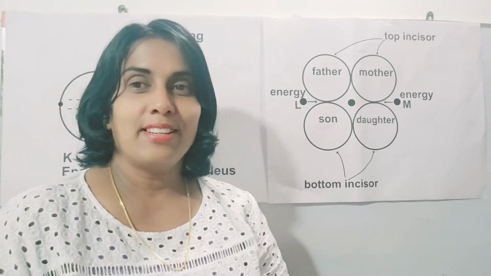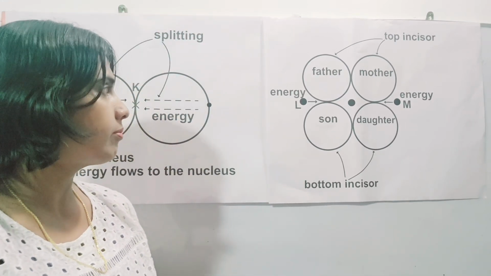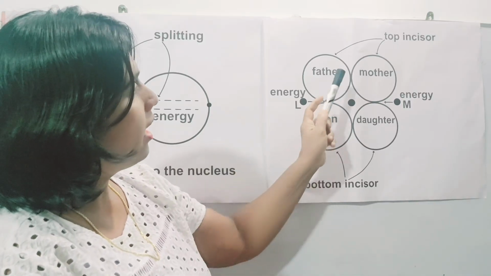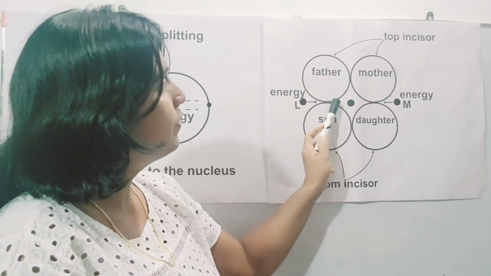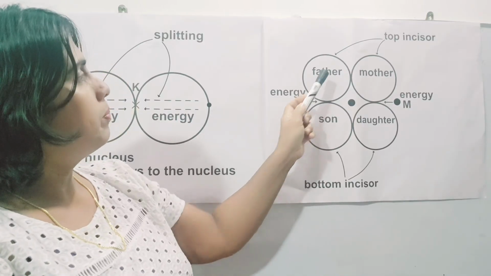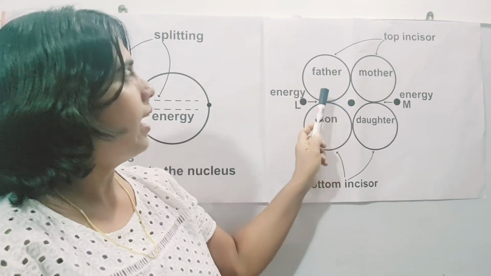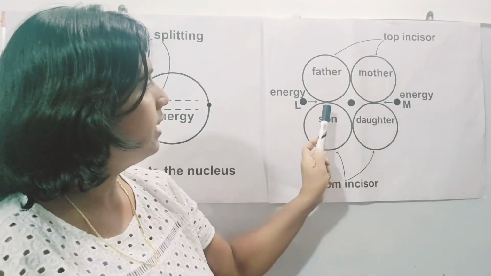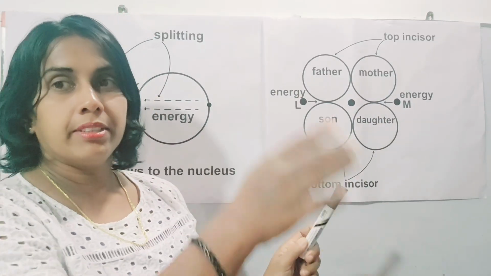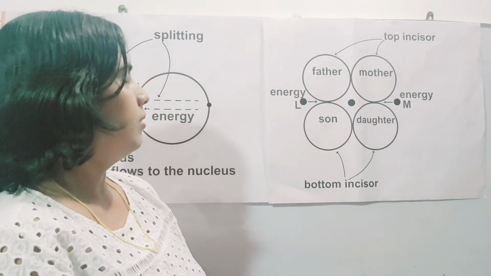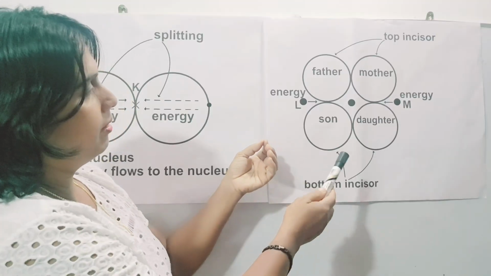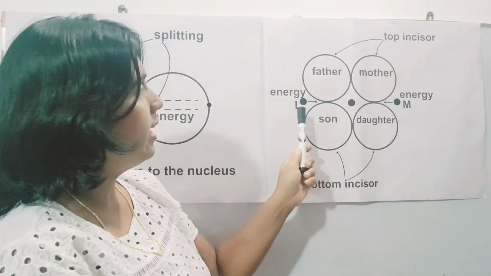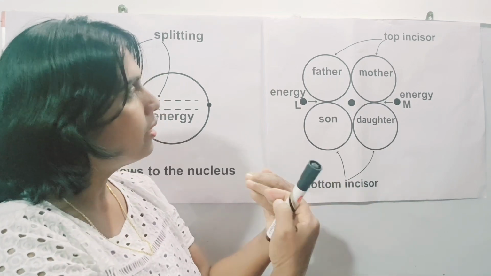Then as a result, the four teeth, these spheres, split vertically, and then this sphere also splits vertically. These two also split vertically, because now these two ends, L and M, try to bring the nucleus towards them.